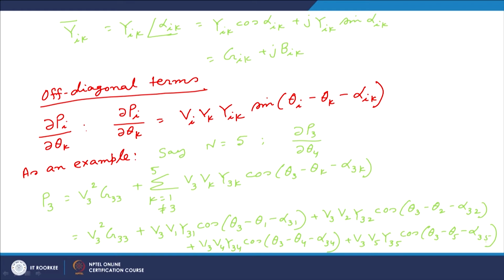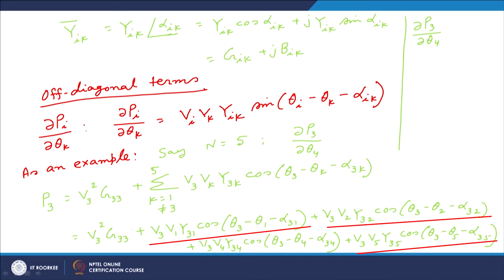Now, if I wish to take del P3 by del theta 4, in this expression there is no theta 4, so it will be 0. In this expression also there is no theta 4, so this partial derivative would be 0, and it also would be 0.